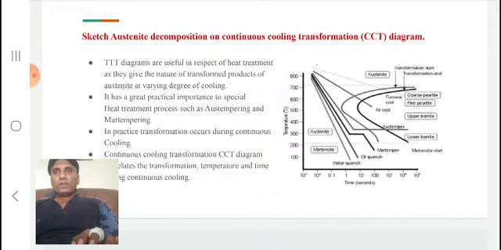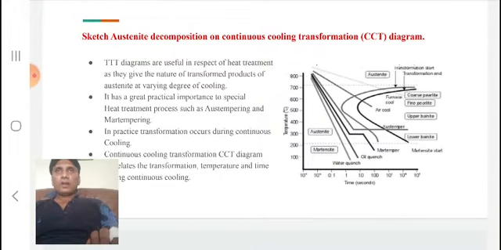In the previous video, we discussed the TTT diagrams, in which we understood the transformation of austenite into various microstructures like pearlite, coarse pearlite, fine pearlite, then sorbite, then troostite, and then upper bainite and lower bainite, and finally martensite.